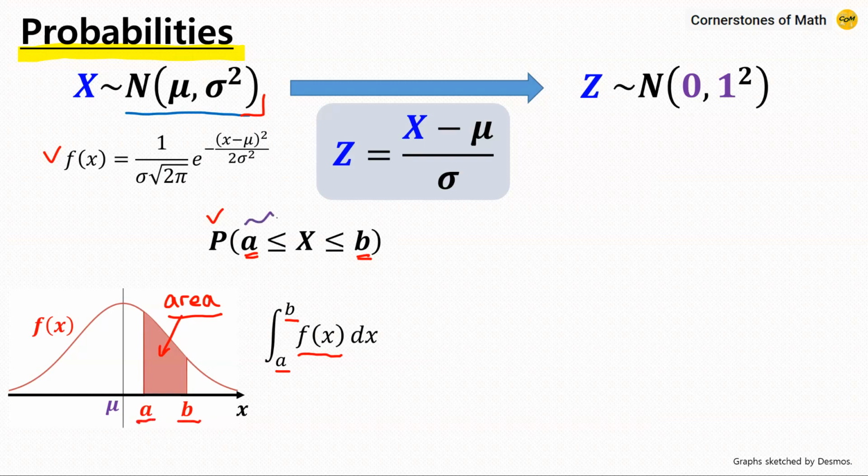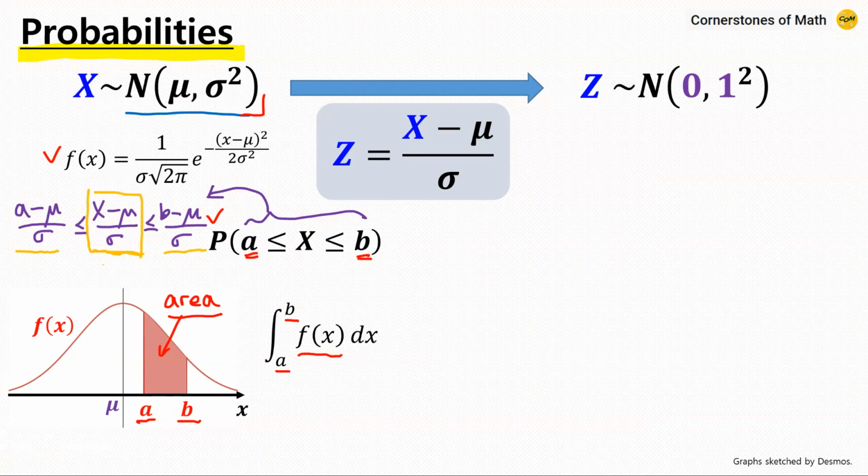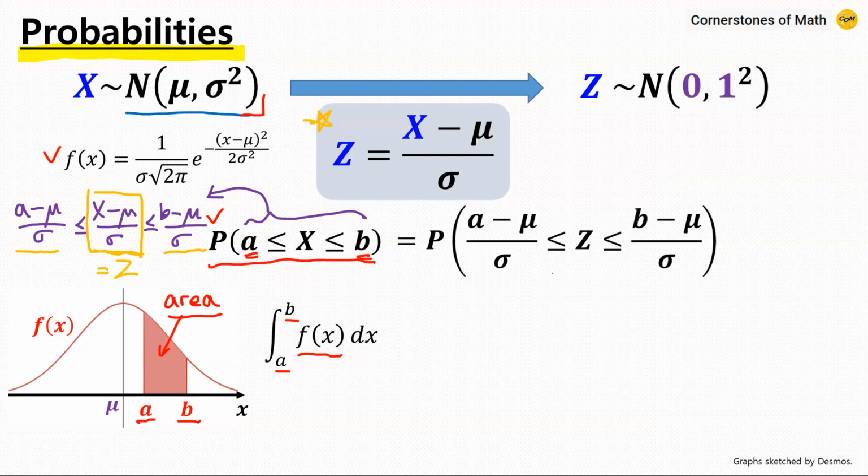Now, since this inequality is equivalent to (X minus mu) over sigma being greater than or equal to (a minus mu) over sigma and less than or equal to (b minus mu) over sigma, and this (X minus mu) over sigma is Z, from here, this probability is equal to the probability of variable Z having values from (a minus mu) over sigma to (b minus mu) over sigma, where Z follows the standard normal distribution.